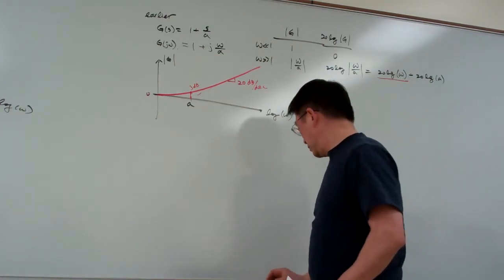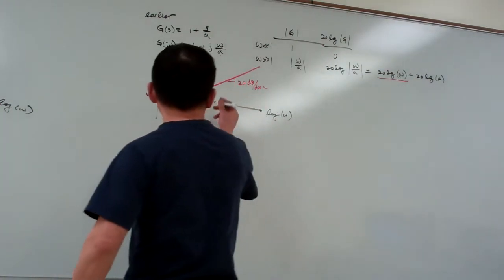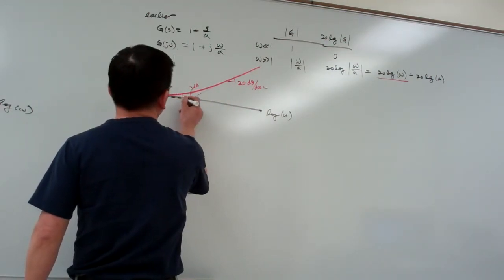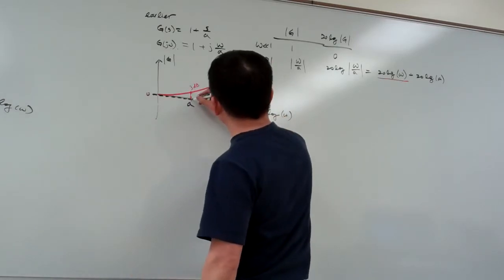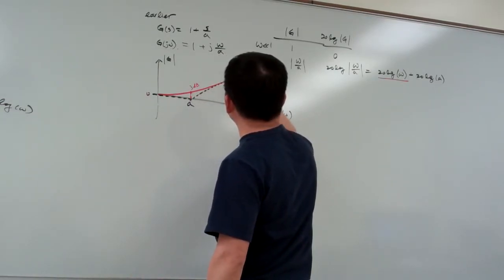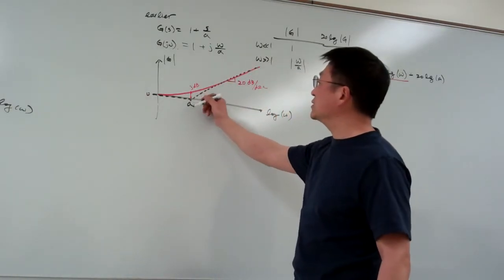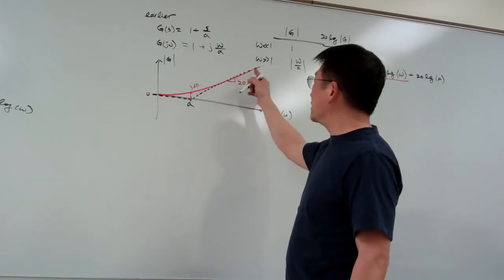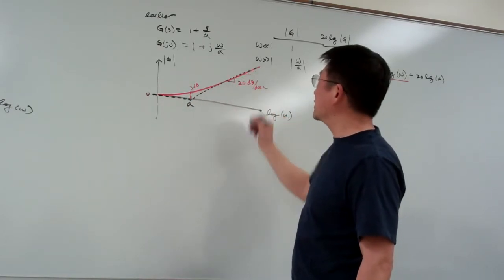Okay, so here are the asymptotes: you draw straight lines, two straight lines intersecting at the corner frequency. At the lower end, that is the zero slope, and here it has the slope of 20.